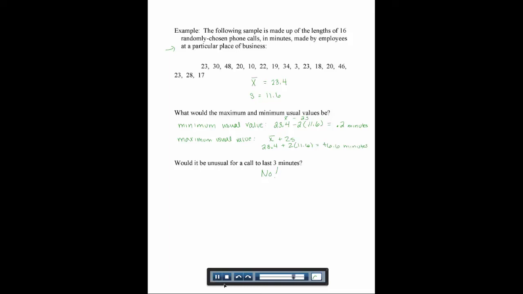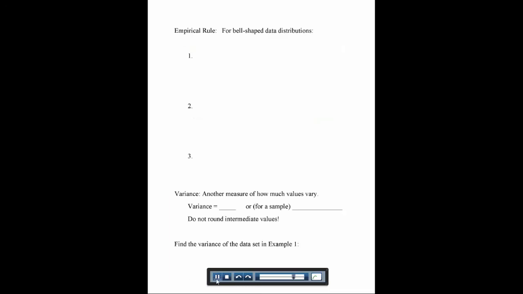Okay, now we've got one other rule, and this only works for bell-shaped distributions. This is called our empirical rule. Okay, the empirical rule says that 68% of the data is within 1 standard deviation of the mean.